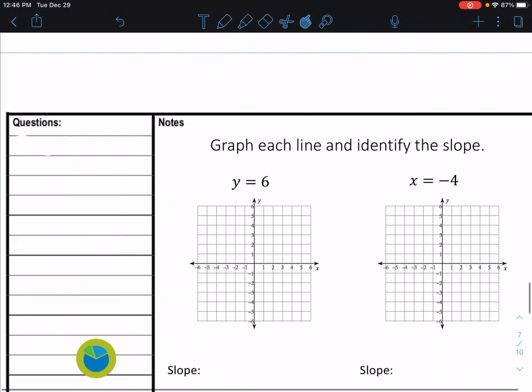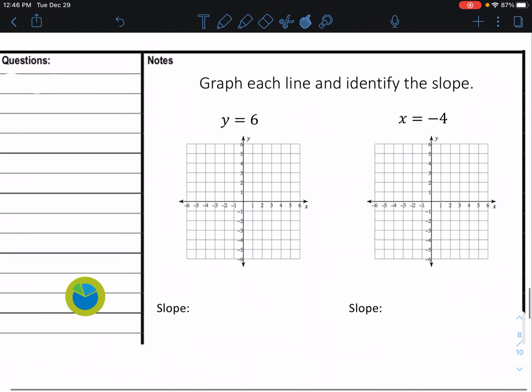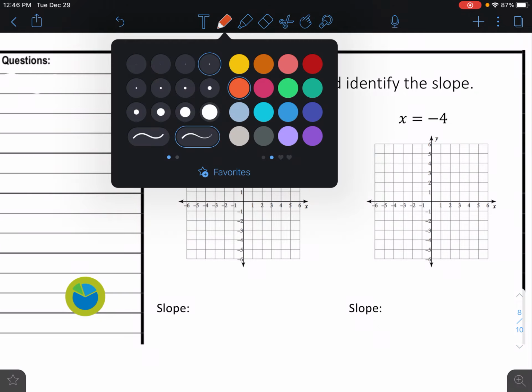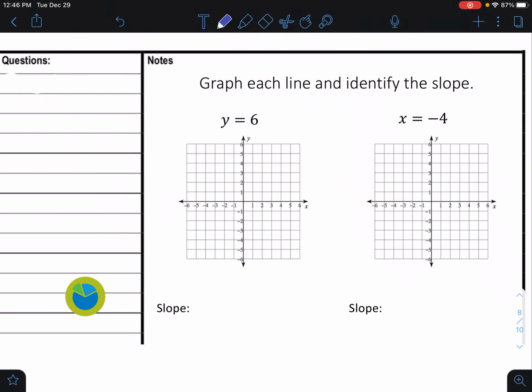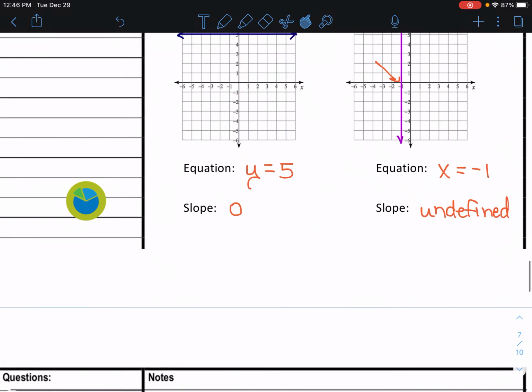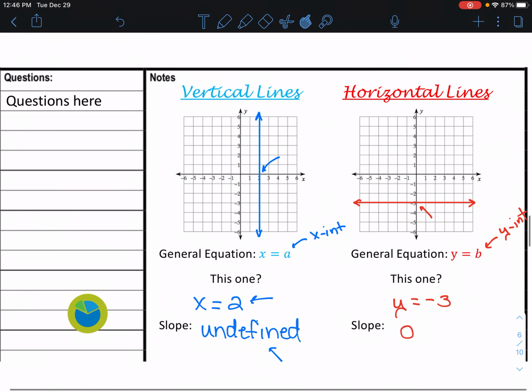Now let's look at another thing you'll have to be able to do, which is to go the other way. If I give you the equation, can you graph it? Let's try that. Graph the line and identify the slope. So y equals 6. If you're not sure, you can always go back and look at this slide. y equals b is a horizontal line, like that on the right.